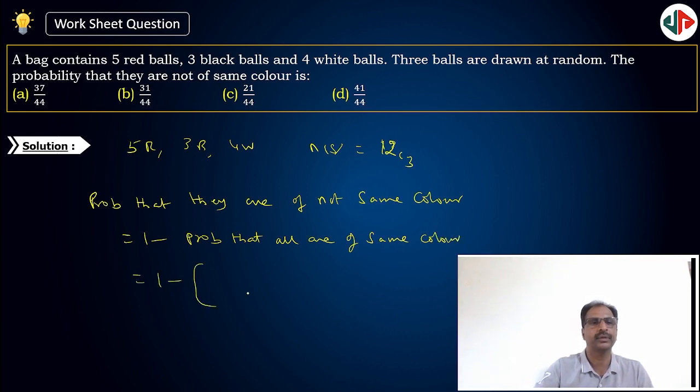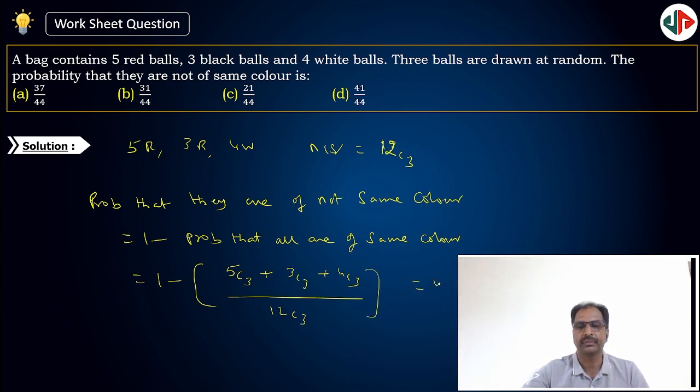All the balls should be of the same color means I can select all 3 red, or all 3 black, or all 3 white, by 12C3. By simplifying this, you will get 41 by 44.